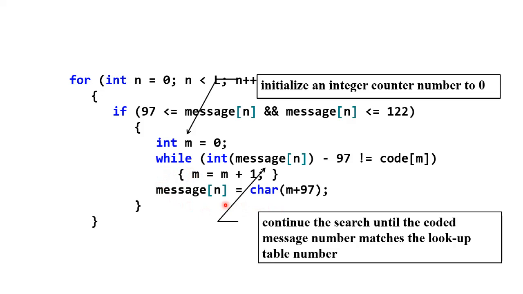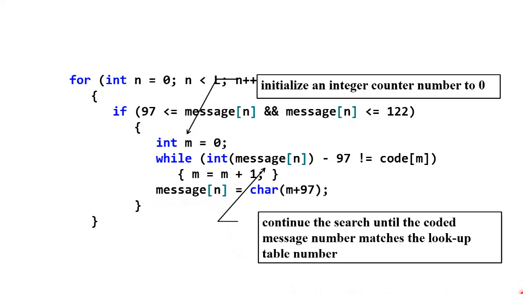It will go down here, and what I'm taking is the code number M, that is the decoded letter number, adding 97 to put it in the proper range for ASCII, and then turning that into a character and assigning that back to the message string at the appropriate spot.